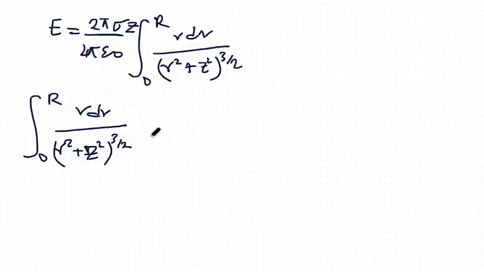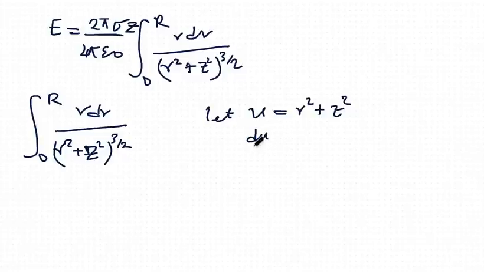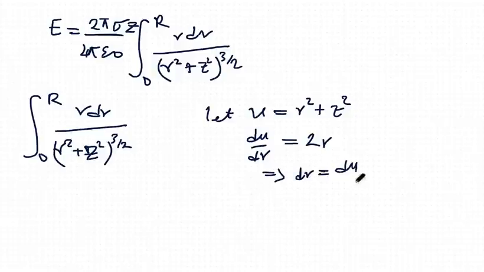To integrate this, we can say let u be equal to r squared plus z squared. So we have that du/dr is equal to 2r, and this implies that dr is equal to du divided by 2r.